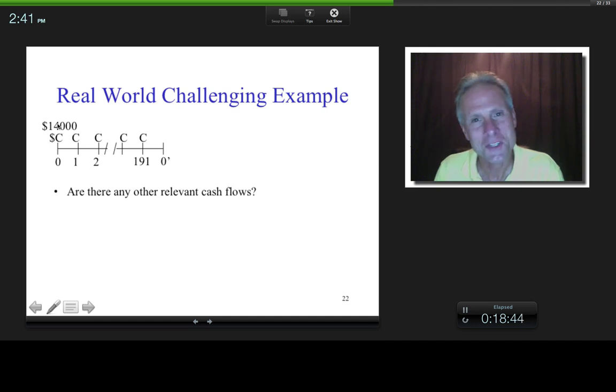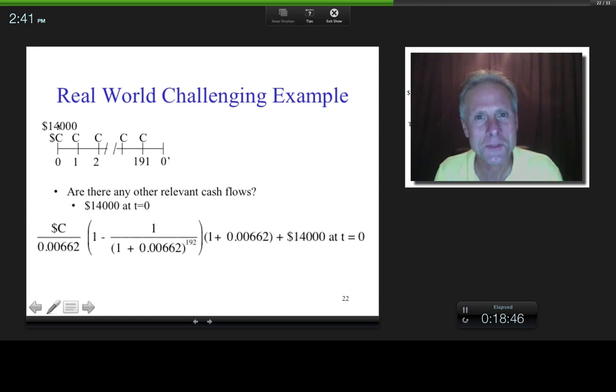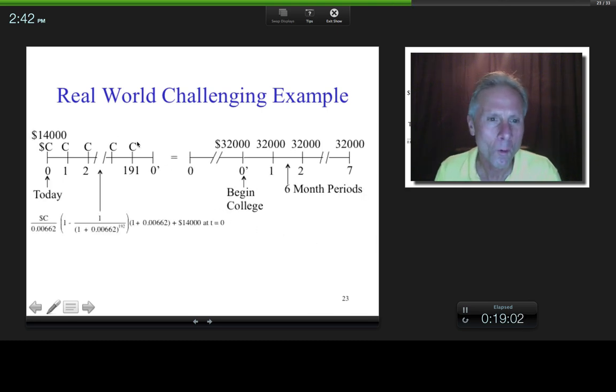I can, because can I add a time 0 value to a time 0 value? Sure. So here we have all of this. This is what the C's are worth at time 0. I add my time 0 value, and I've achieved the goal, at least on the left-hand side, of crushing all of these into one single number at one single time period.